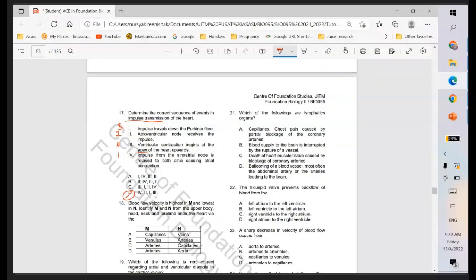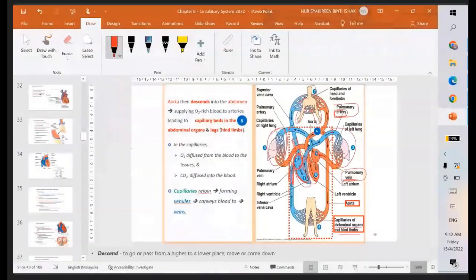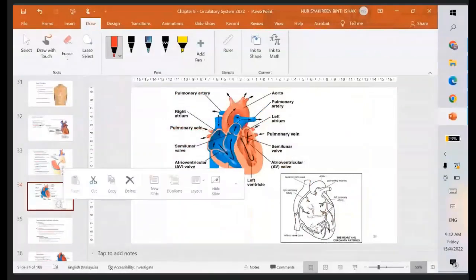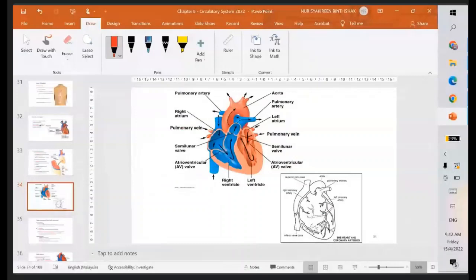Okay, kalau kita tengok heart structure ni kan, kita cari gambar yang lagi cantik lah. Ni. Where is the apex of the heart? Sekejap. Dia lambat nak alih slide. Ni. Where is the apex of the heart? Kat mana?